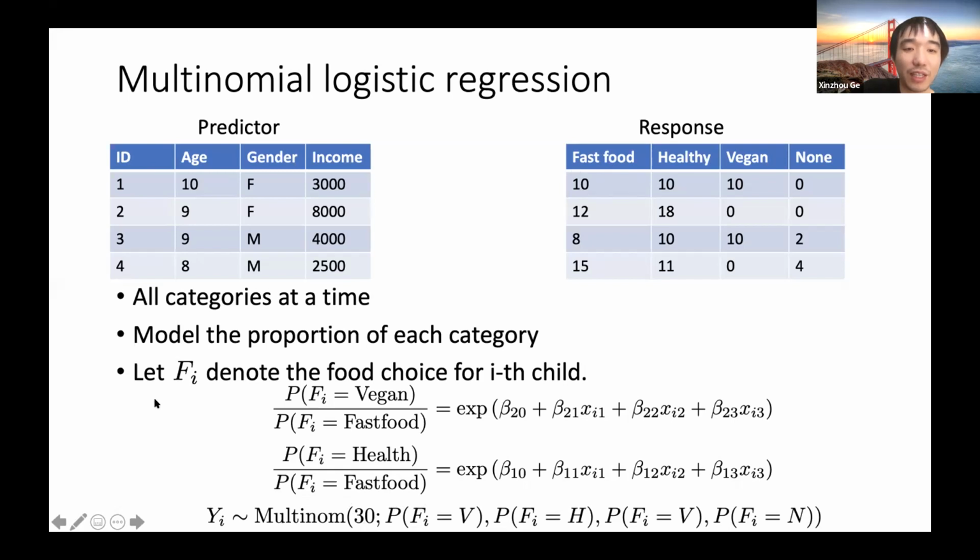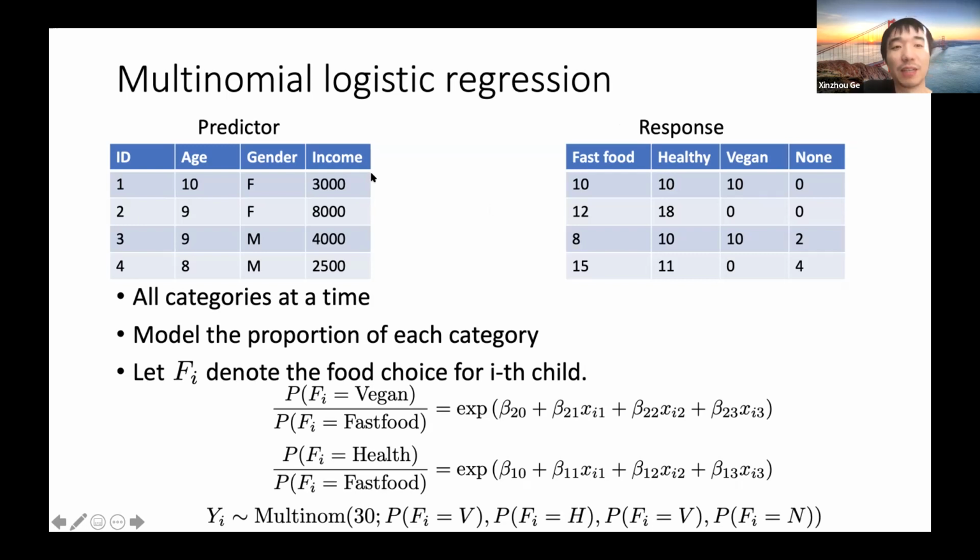So from this, we can see that the multinomial logistic regression looks at all the categories at the same time. So we can draw conclusions like the age or gender is associated with the food choice.